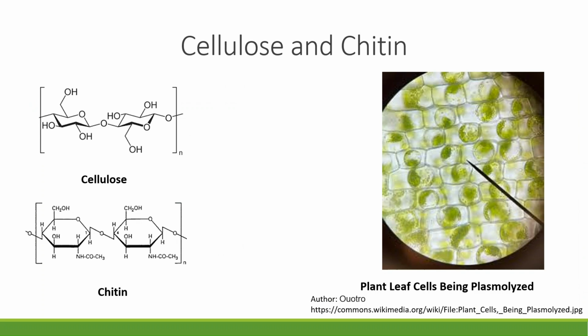Chitin is a polysaccharide similar to cellulose, but with one key difference. Each glucose has a subunit called an acetyl group attached. You don't need to memorize these chemical structures. However, understand that this modification makes chitin a strong and, emphasis on the and, flexible material.